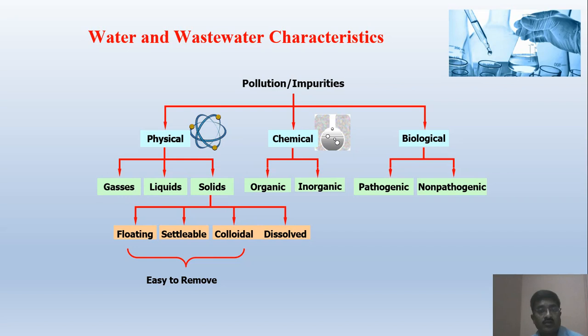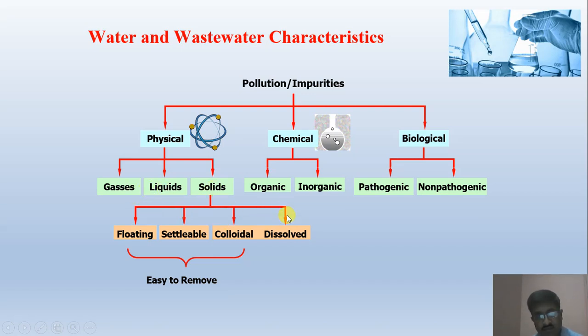Water and wastewater characteristics: what pollution or impurities are present in the water. There are three types categorized as physical, chemical, bacteriological. If you see the physical characteristics of the pollutants, in terms of gases, liquids, solids.